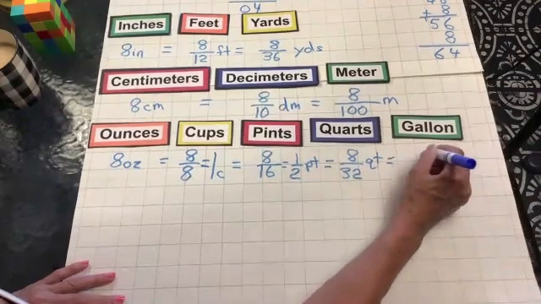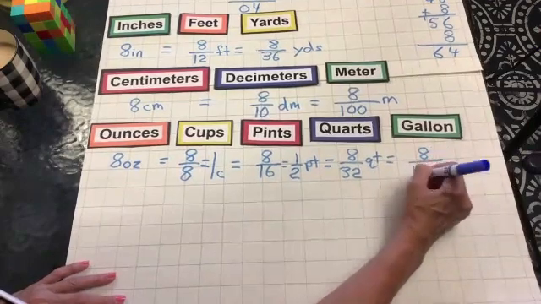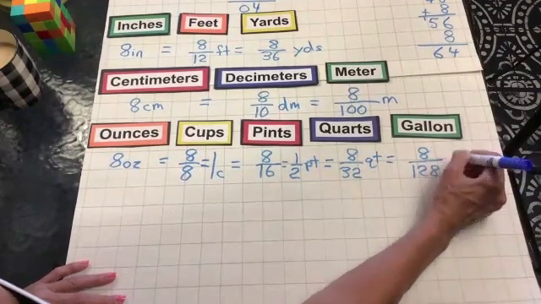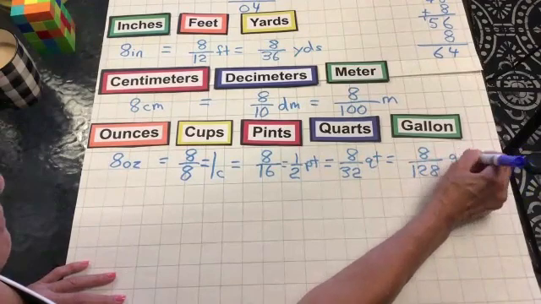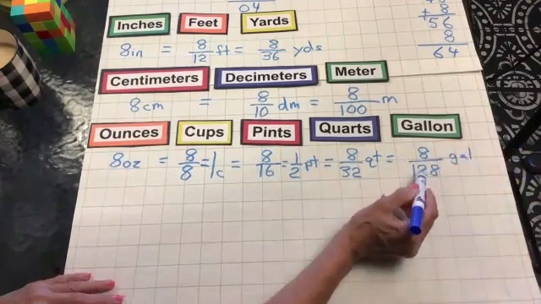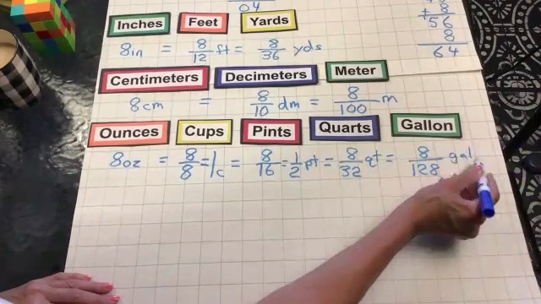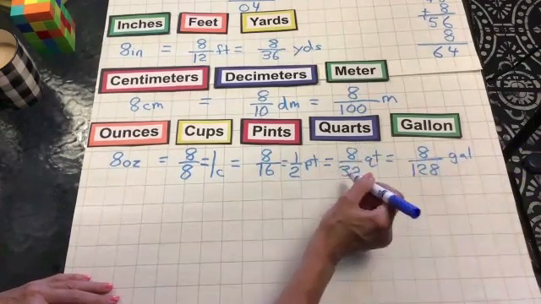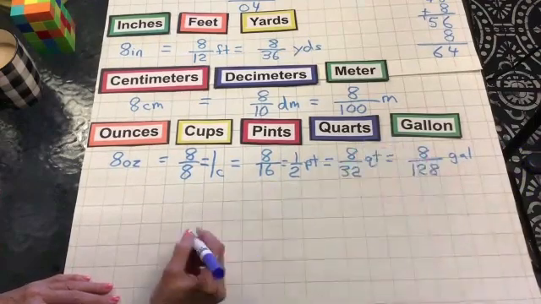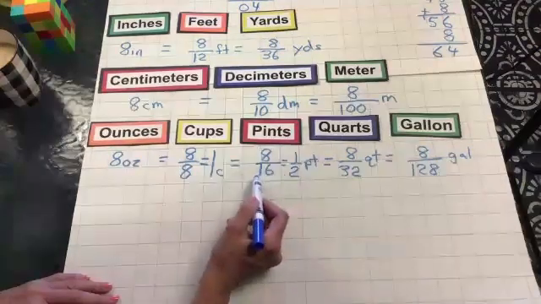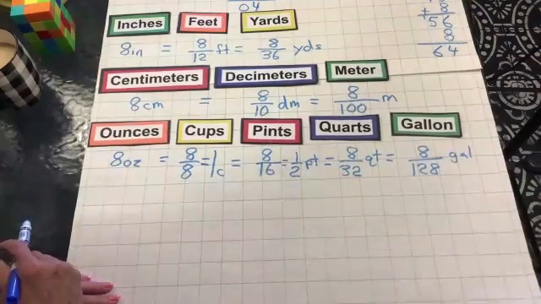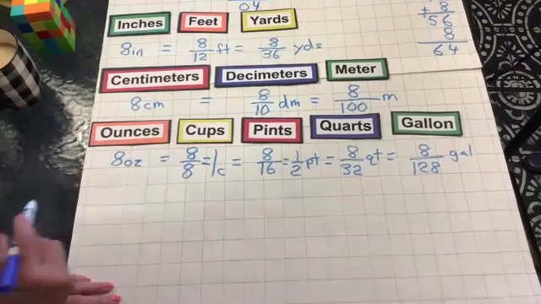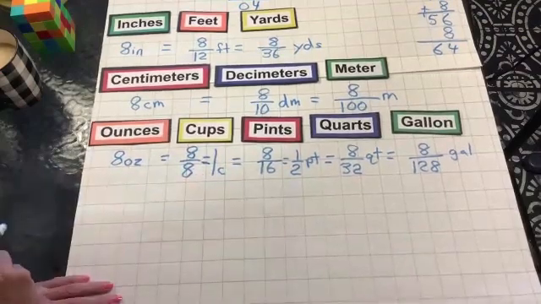And we have 8 out of 128 of a gallon. So 8 128ths of a gallon, 8/32 of a quart, 8/16 of a pint or 1/2 of a pint, 8/8 of a cup, which is 1 whole cup.